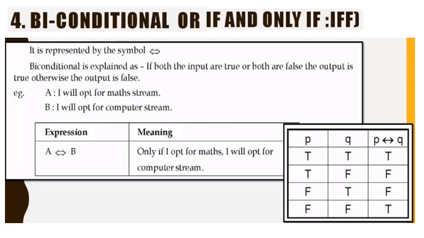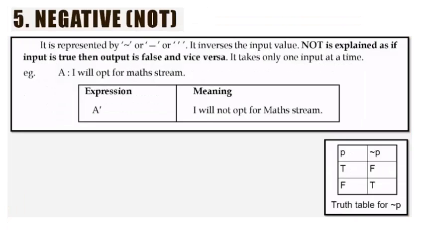That means, take an example, say A represents I'll opt for math stream and B represents I'll opt for computer stream. The biconditional is also called equivalence.